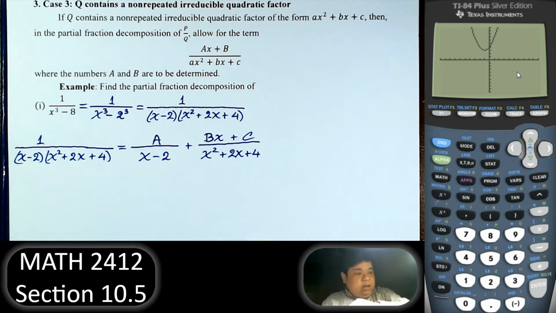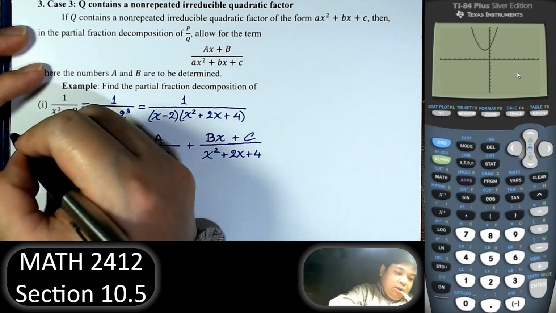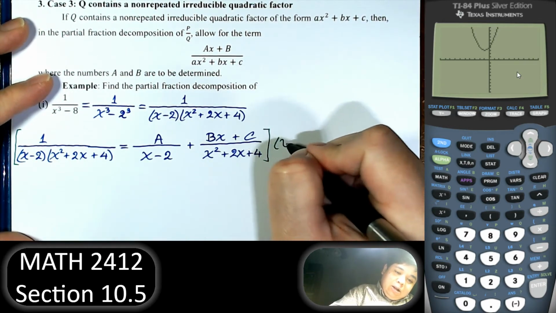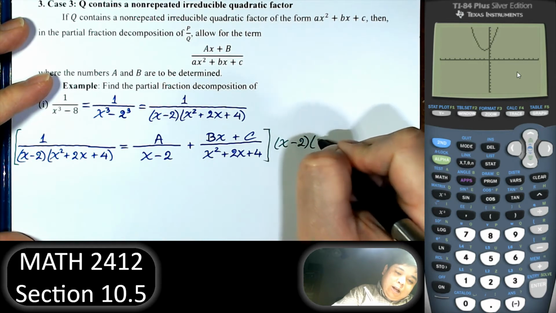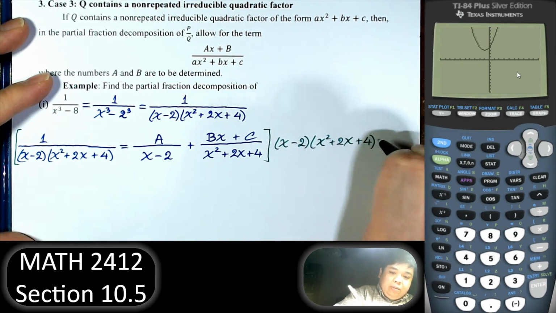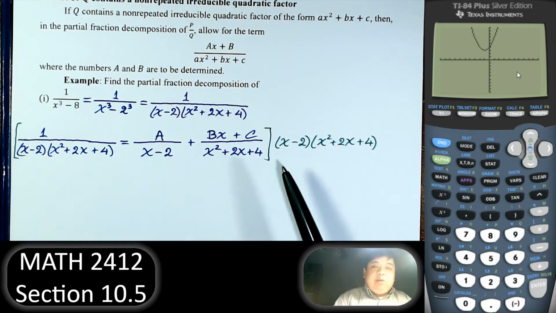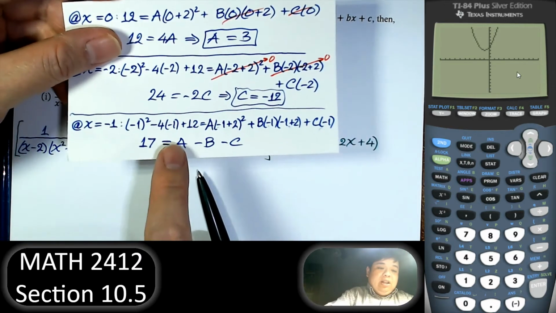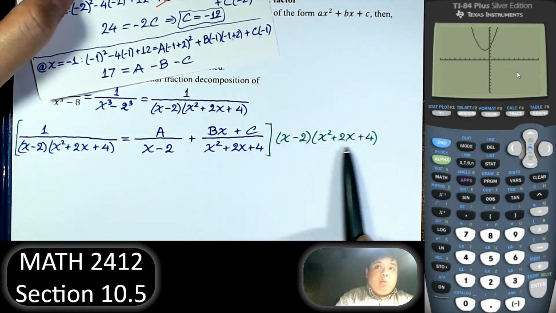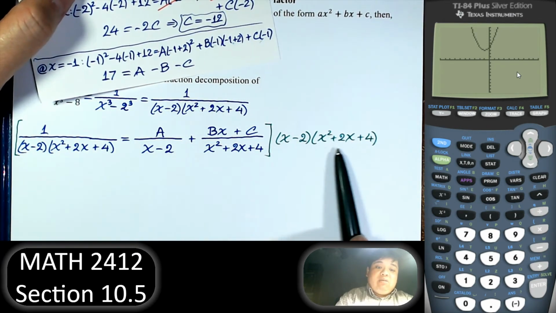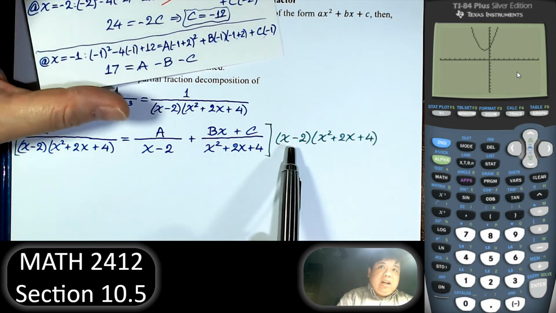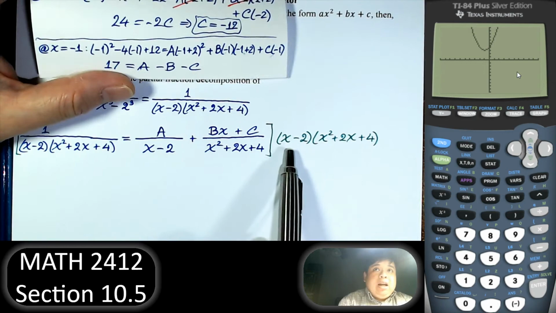Right. Now, for this, of course, we multiply by the common denominator on both sides, x minus 2 times x squared plus 2x plus 4. And for this one, we cannot really use the method like we do in here, because for x squared plus 2x plus 4, we cannot choose any x values to make that one disappear. We can only choose x equal to 2, but that's about it.